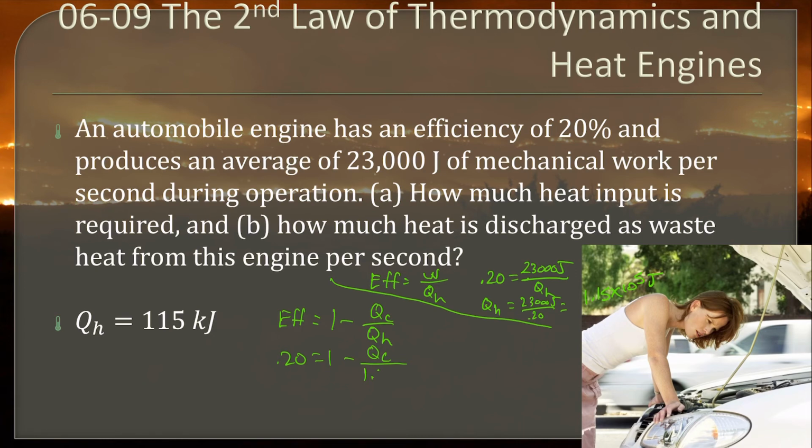So I'd probably subtract the 1 first. That'll give me negative 0.80. Then I'd multiply it by the negative 1.15 times 10 to the 5th and get the QC to be 92,000 joules.